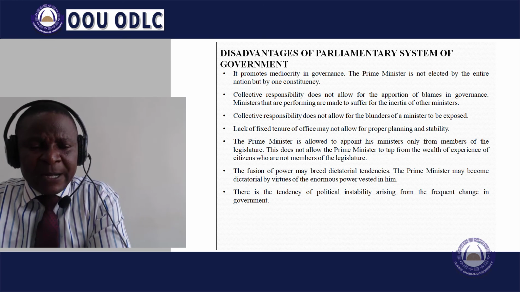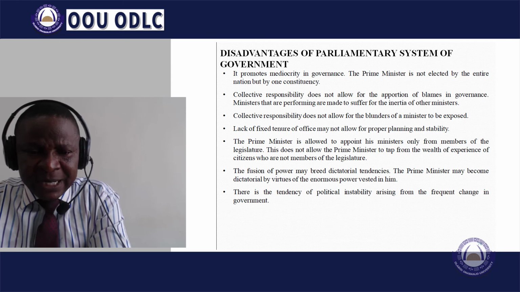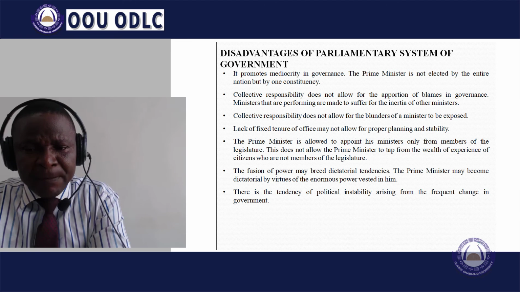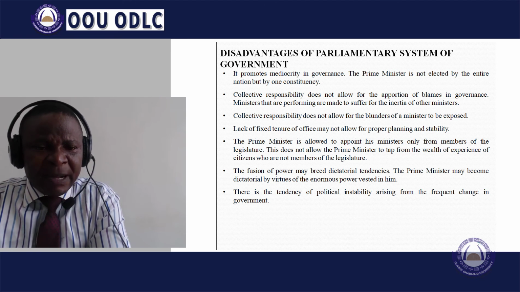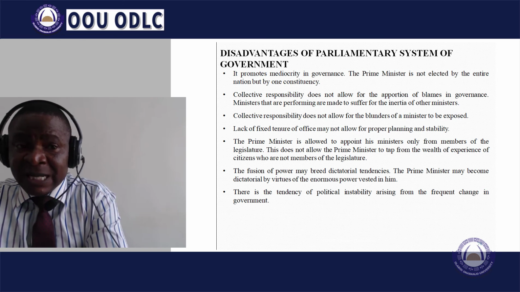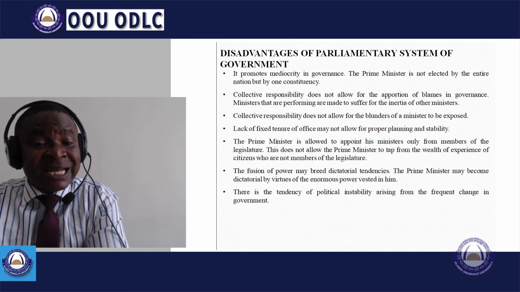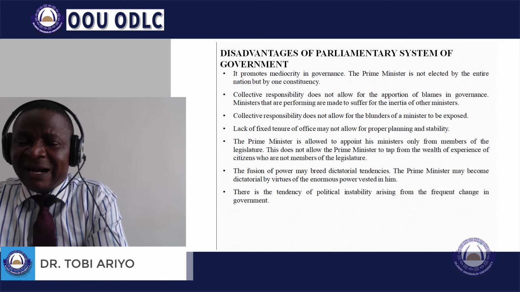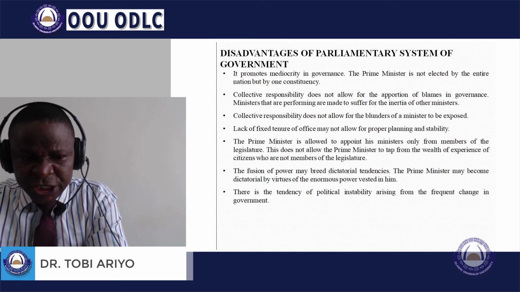The fusion of power may breed dictatorial tendency. The prime minister may become dictatorial by virtue of the enormous powers vested in him. 7. Another disadvantage is that there is a tendency of political instability arising from the frequent change of government.